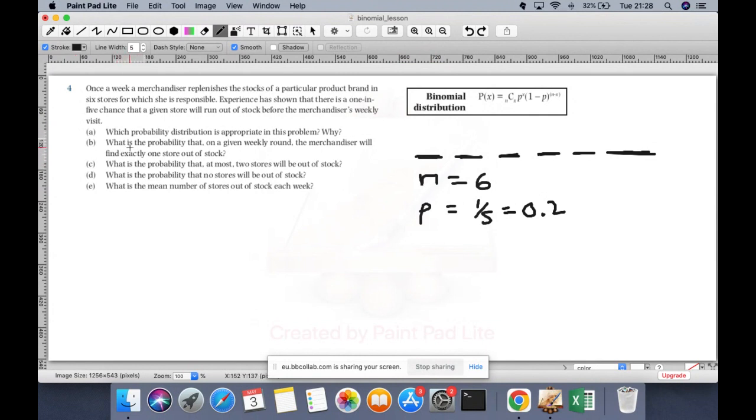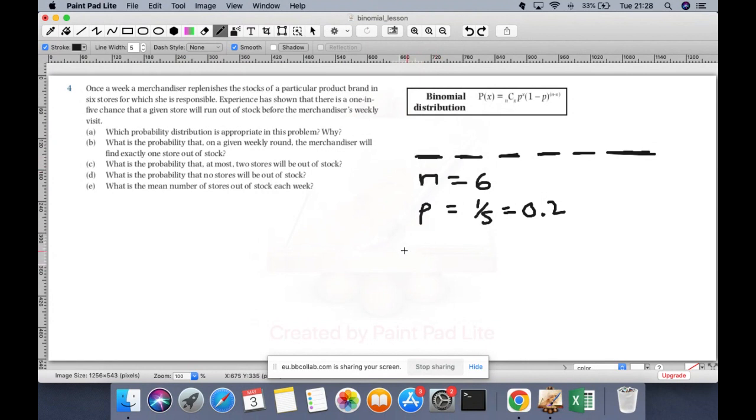It says, what is the probability that on a given weekly round, the merchandiser will find exactly 1 store out of stock? So let's look at what they're asking for. They want to know the probability of one of the stores running out of stock. So the thing is, you can have at most only 6 stores running out of stock. But they want to know the probability of just one of those stores.